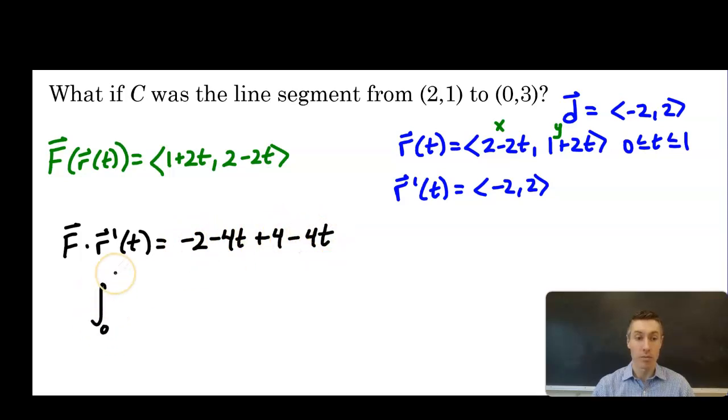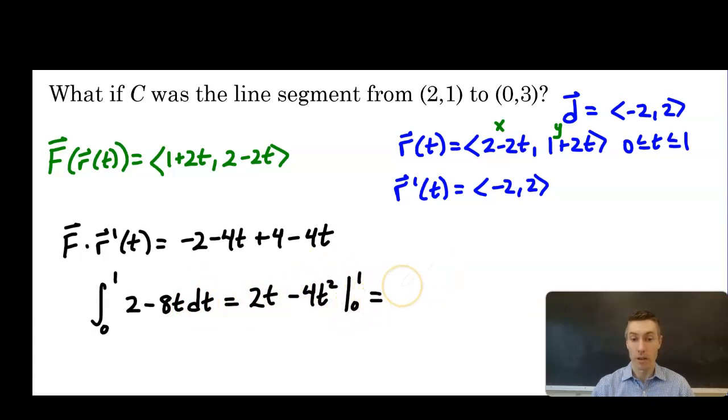So we have the integral from 0 to 1 of 2 minus 8t dt. So we get 2t minus 4t squared from 0 to 1. 2 minus 4 equals -2. So now it's the negation of the value we got on the previous slide.